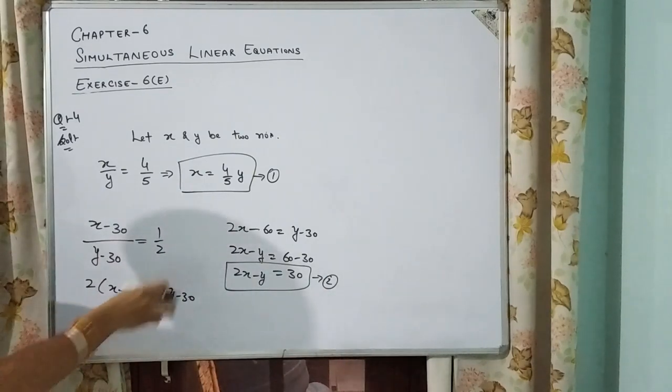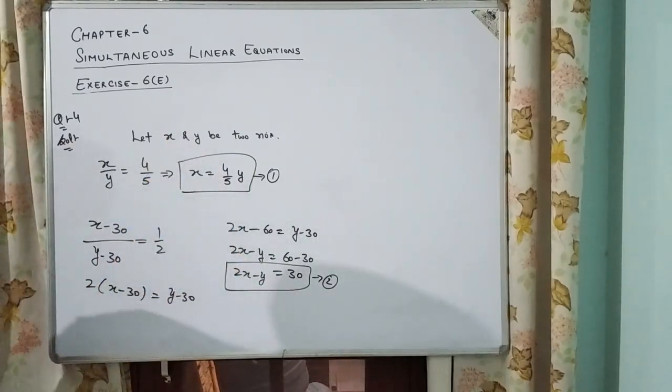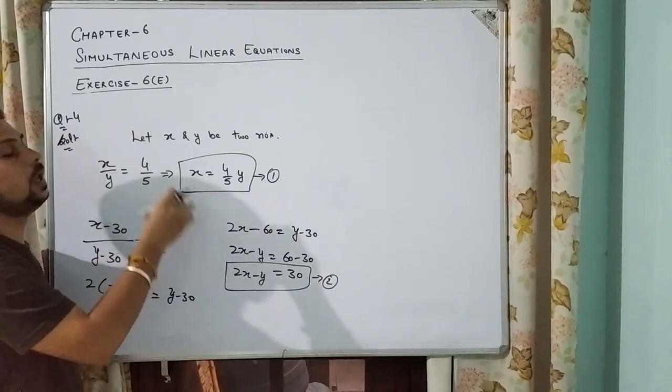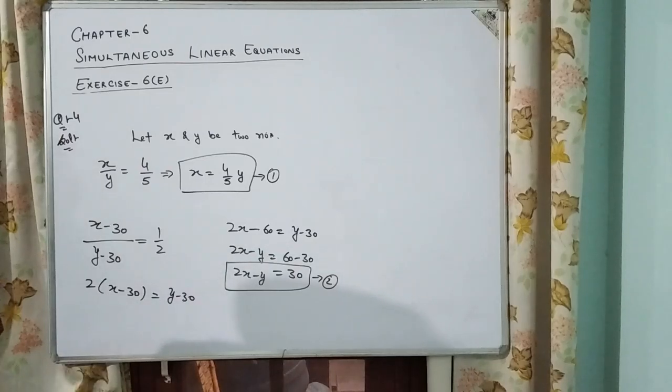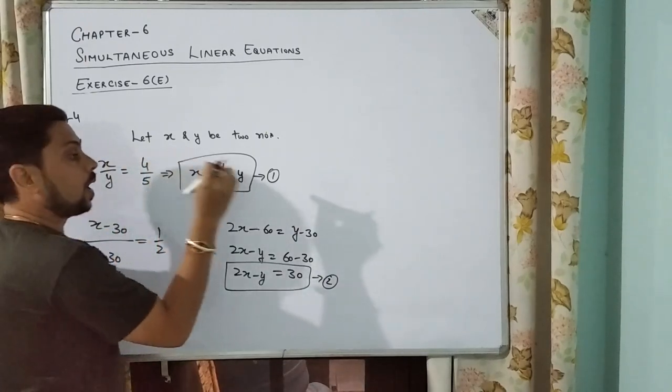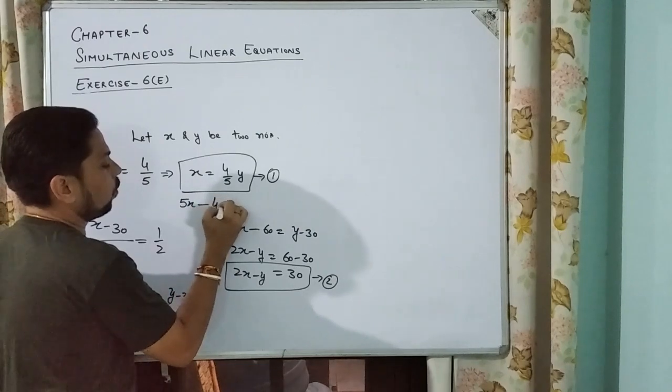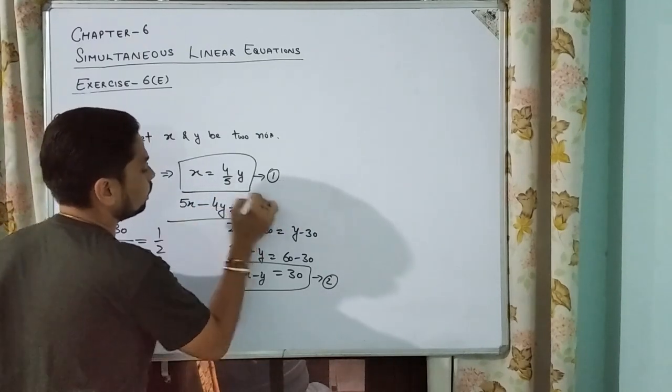You can solve these two equations simultaneously using any of the three methods that we have already done in the previous exercise. You can also make this statement as 5x minus 4y is equal to 0.